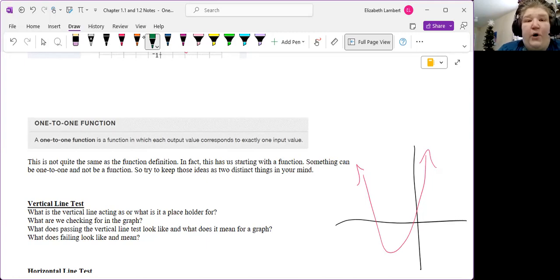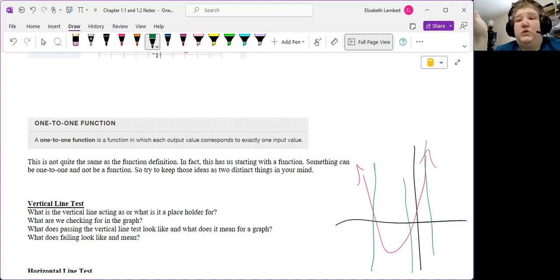So anywhere I pause my vertical line, so I can pause it here, here, here, it's a placeholder for the x value that it's contacting on the x-axis, but then we see on the graph, it's only hitting in one spot. So that's x value, one spot on the graph is one y value.